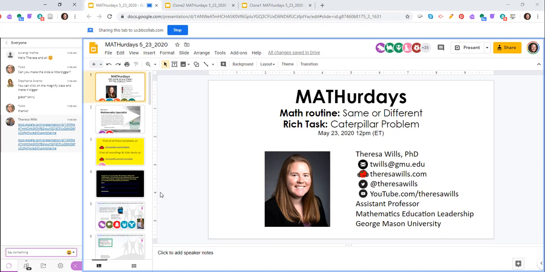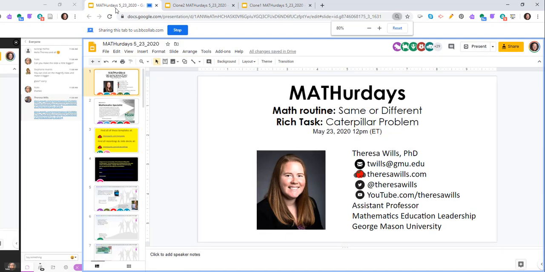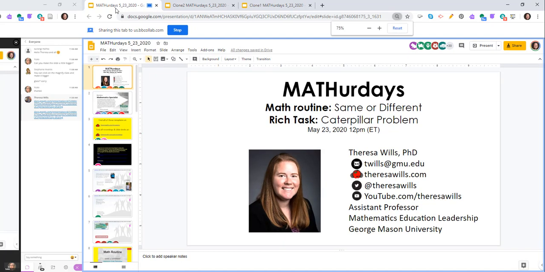And as a quick note, if you are trying to increase or decrease the size of the main screen that you are on, you hold down the Control button and press minus. Let me go on my screen. And you can see that my window is getting bigger.